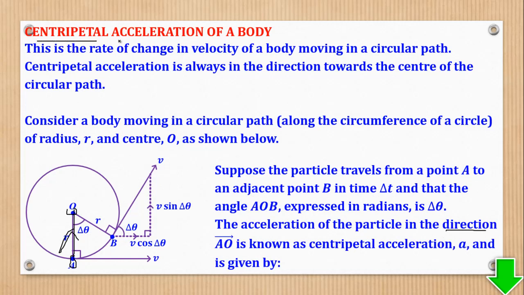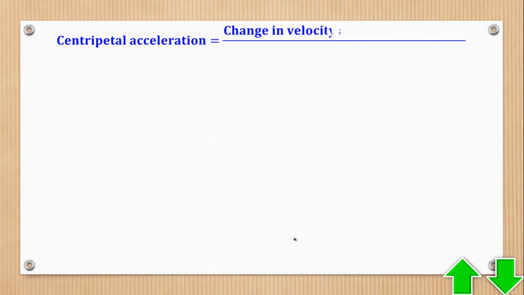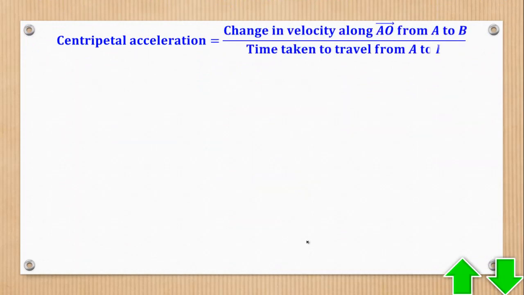That's what centripetal acceleration means. It is always towards the center. So that acceleration is known as centripetal acceleration, and it is given by the change in velocity along AO, from A to B, over the time taken to travel from A to B.